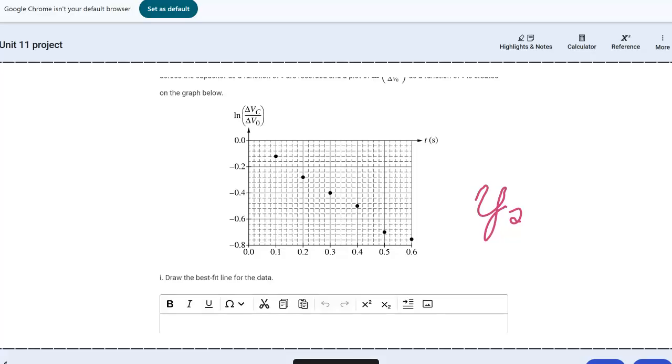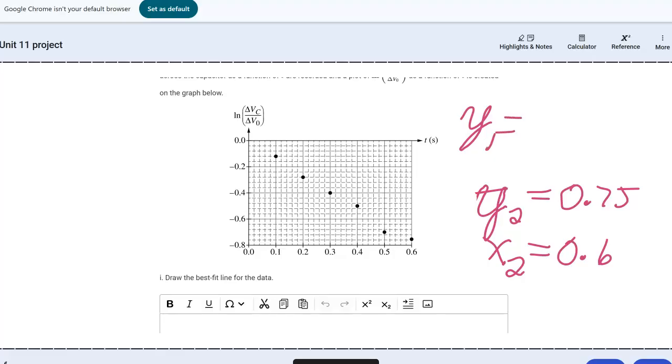So y2 is around 0.75 and y1 is negative 0.1. x2 minus x1 equals 0.5.